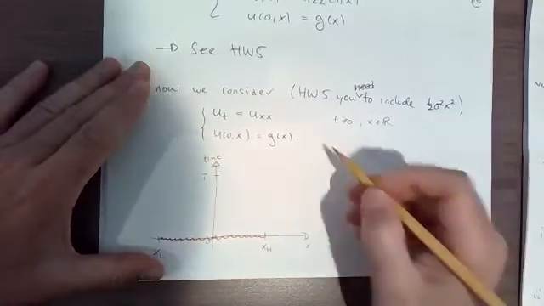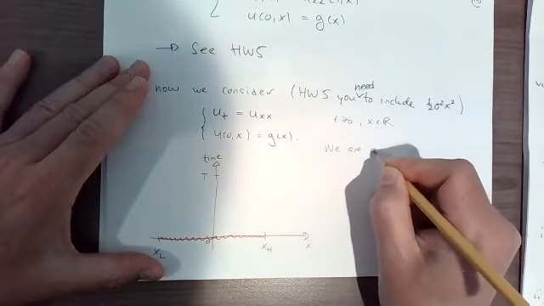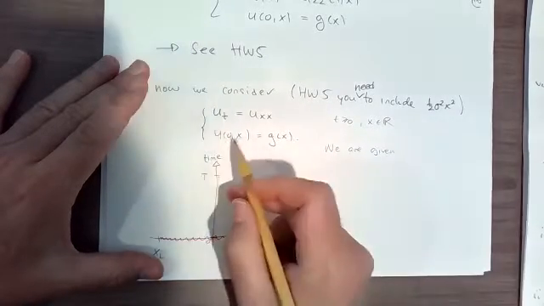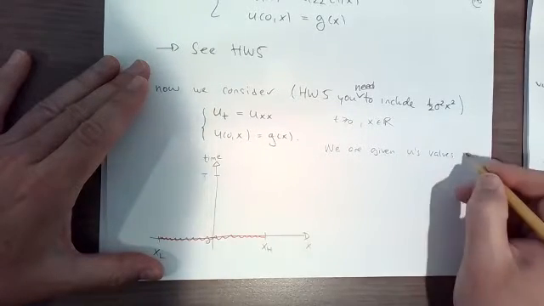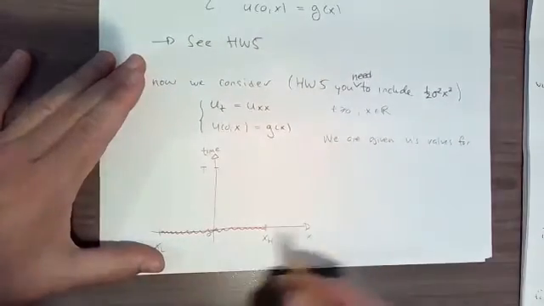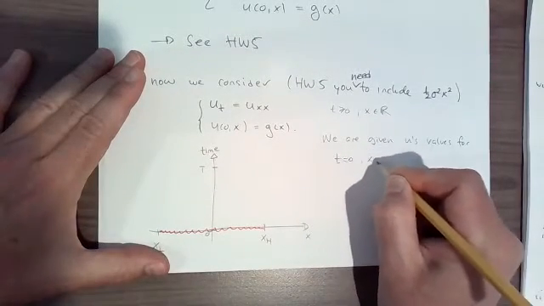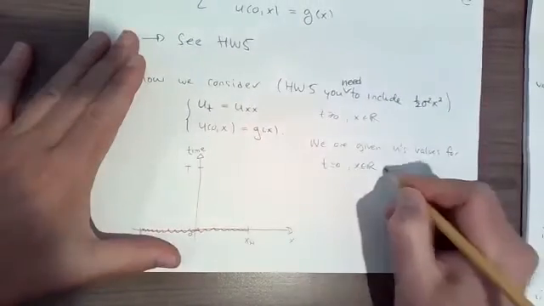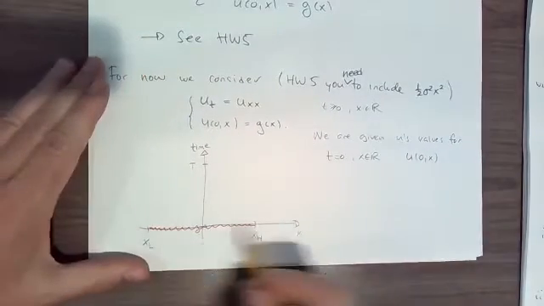So we are given U's values for T equal to 0 and X in R. Right, so this is going to give me U0(X).